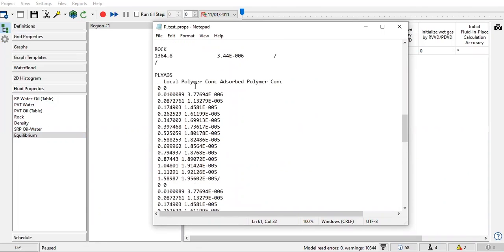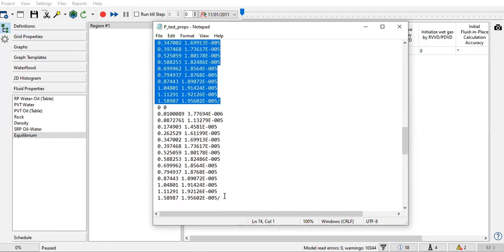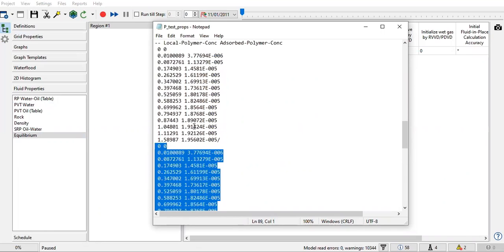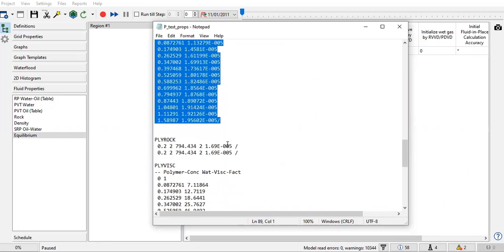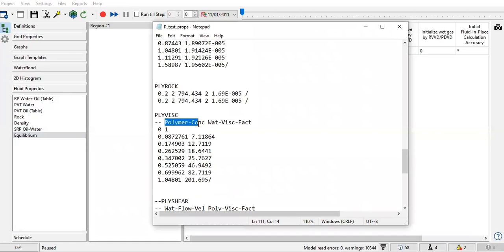And then here also we have for PLYADS, we have two packages because we have two regions, but basically they are the same. And then we have PLYVISC. Okay, you can see there it's talking about viscosity. So PLYVISC is polymer concentration and water viscosity factor.